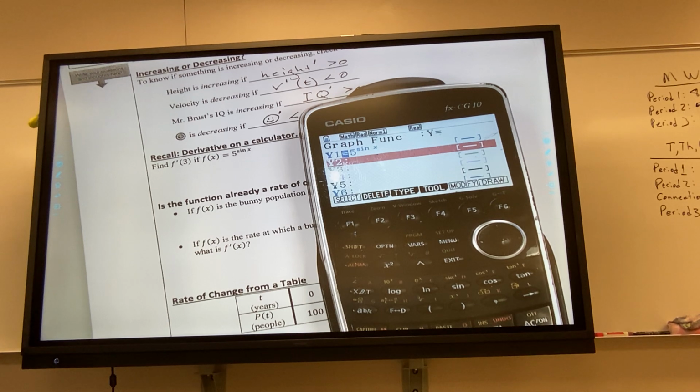Use that upside down V, and then parentheses sine of x, if you want to do that.